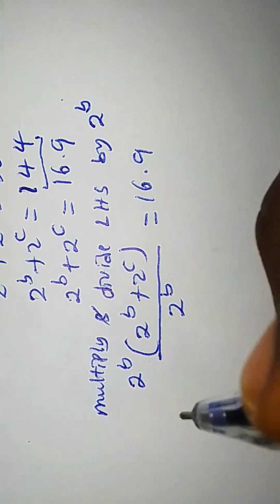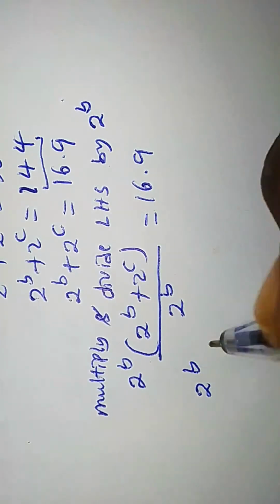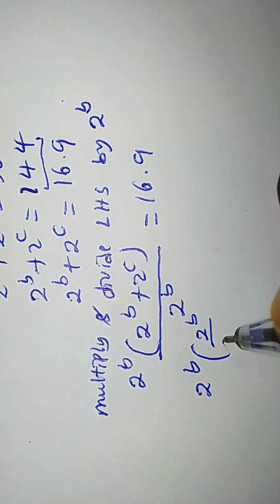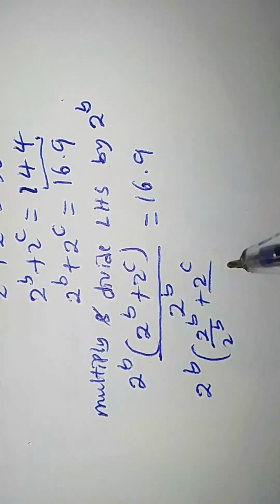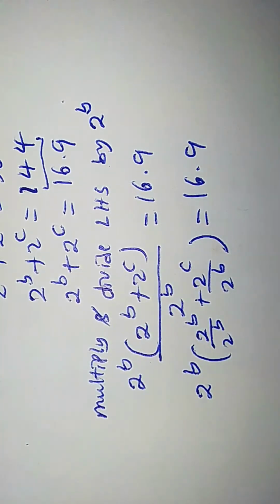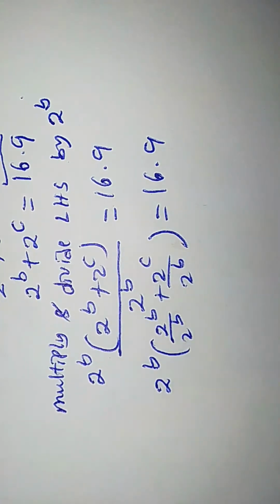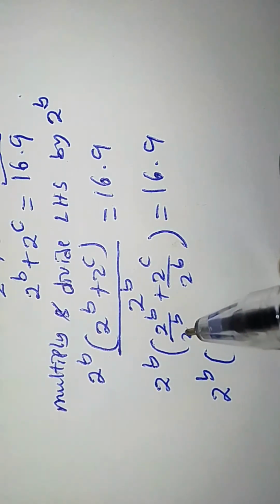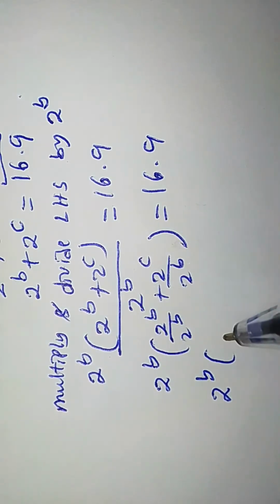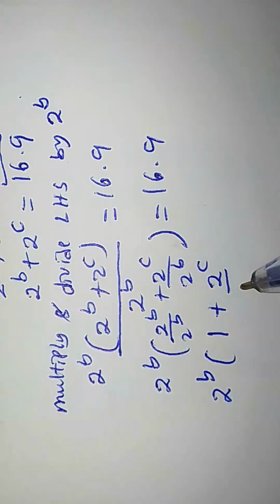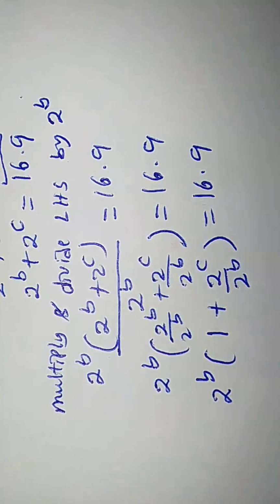Let's proceed further. 2 raised to b, this whole guy could be written as 2 raised to b divided by 2 raised to b plus 2 raised to c divided by 2 raised to b equal to 16 times 9. Let's proceed further. So we have 2 raised to b into, clearly 2 raised to b cancels 2 raised to b. We have 1 plus 2 raised to c divided by 2 raised to b equal to 16 times 9.